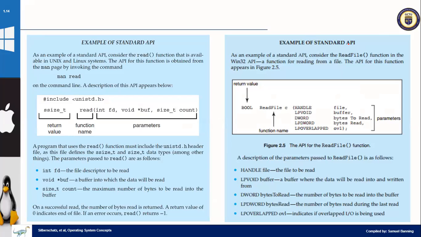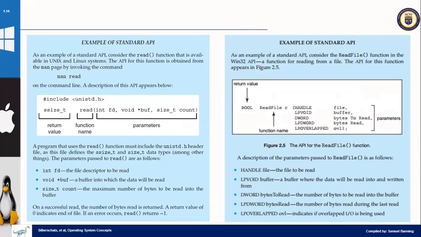Now look at this example here. These are two functions on different APIs performing the same activity. The first one is the POSIX API, that is the Unix and Linux system.